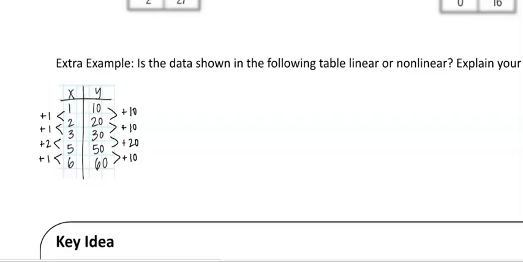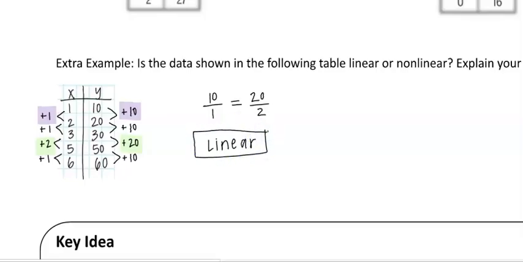When we look at the change in y over the change in x, it is always the same no matter where we look. 10 over 1 is the same thing as 20 over 2. So this one does represent a linear function because the rate of change is constant.